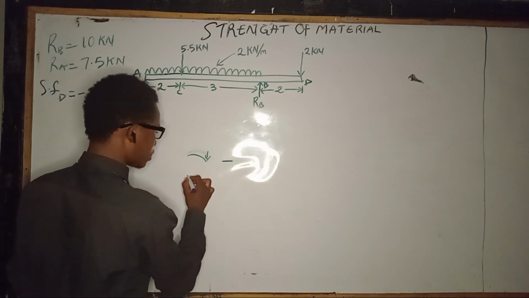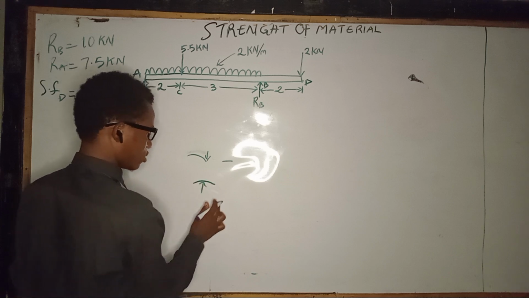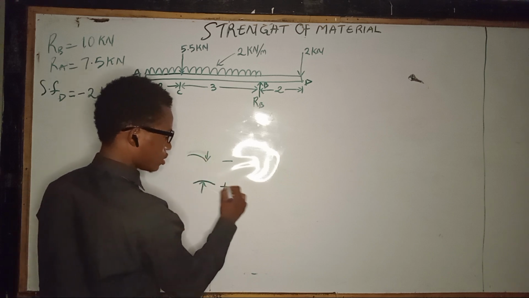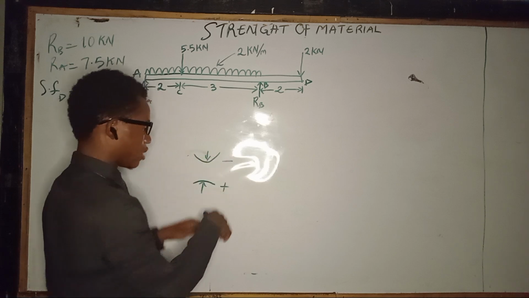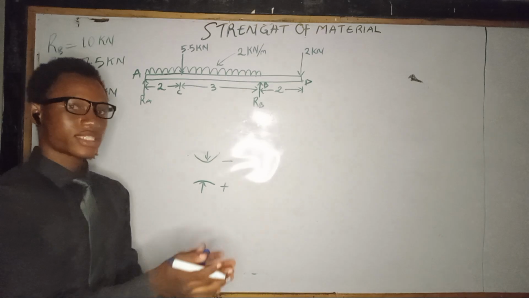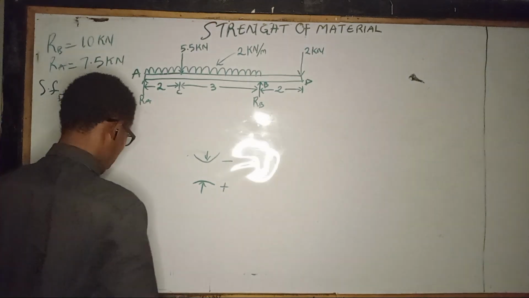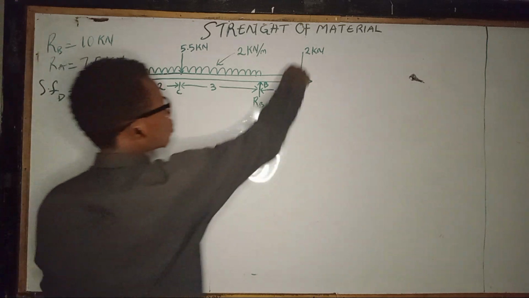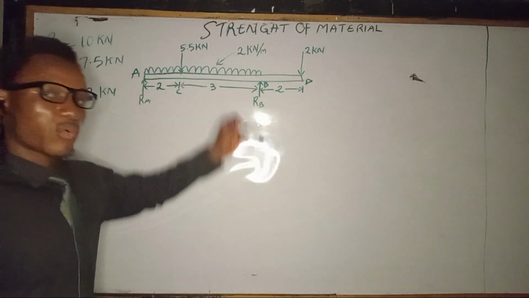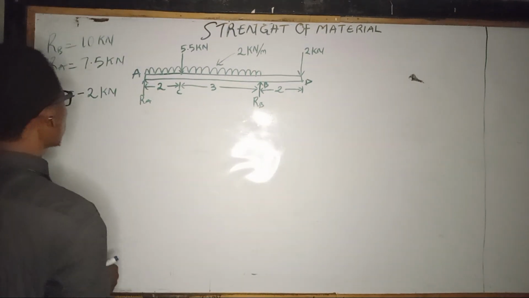If the load is creating a deflection that pushes it downward, that is a negative sign, while if the load is pushing it upward, that is a positive sign, that is bending and hogging. So this here is negative because this load is pushing it downward, causing a downward bend. So that is for that.